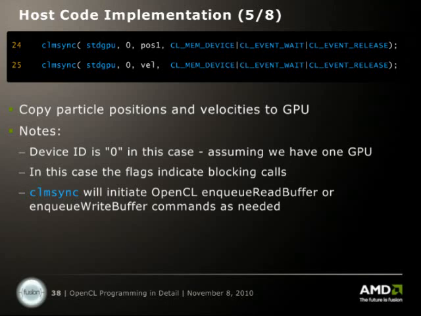The other flags imply that these are simple blocking calls. So in line 24, when CLM sync returns, we know the data has been transferred. It's a blocking call. I should mention the second argument being 0 is the device ID, but since we only have one GPU in this case, it's very simple. The device ID for our GPU is going to be 0.